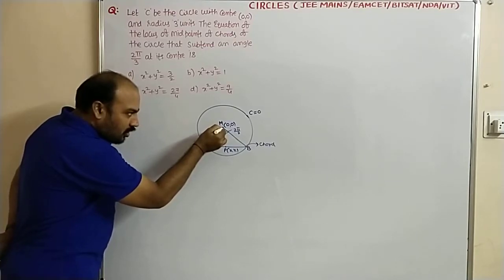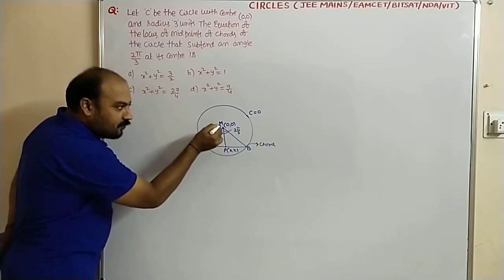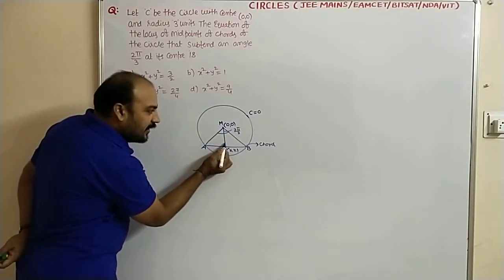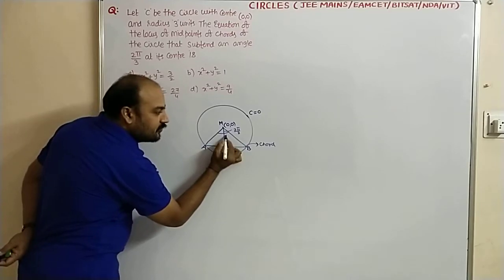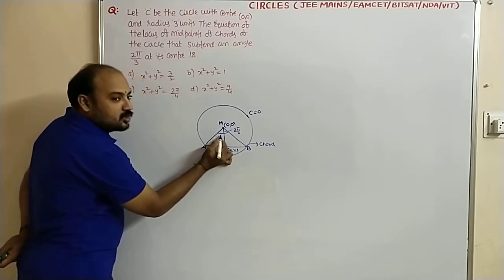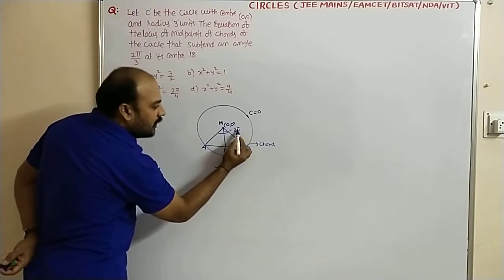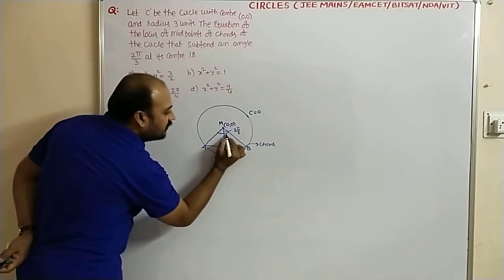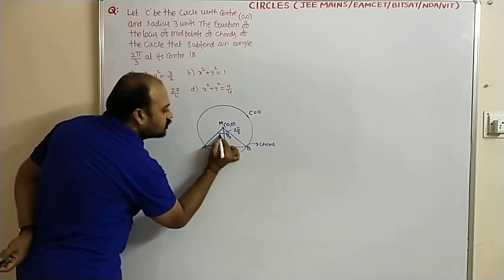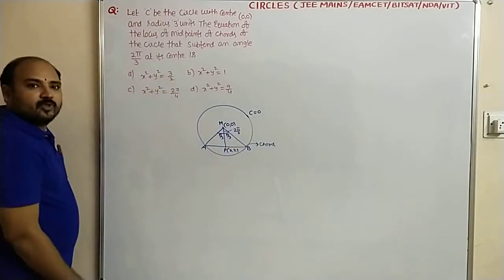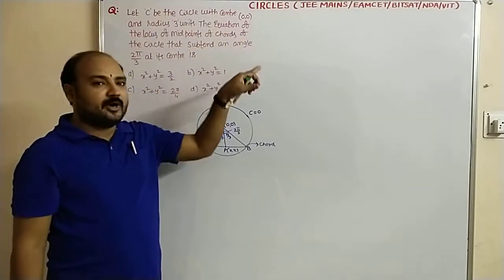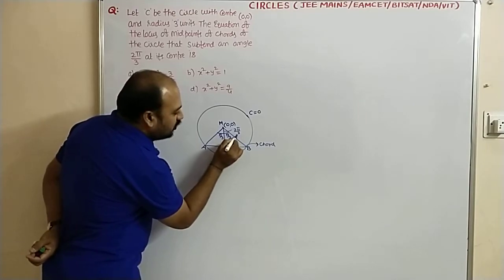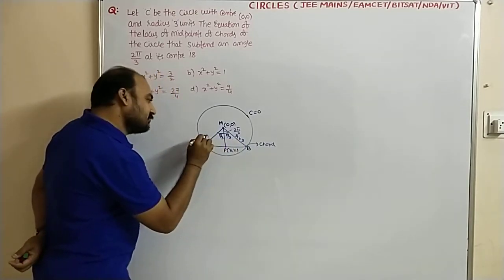If you draw one line perpendicular from M to the chord AB, this line bisects the angle. Therefore, half of the angle on each side: the total angle is 2 pi by 3, so each half angle is pi by 3. They are asking to calculate the locus of midpoints of chords. From M to the circle it is the radius, R, which is equal to 3 units.